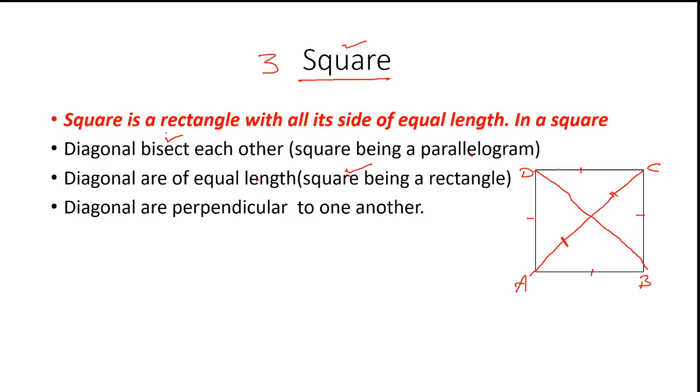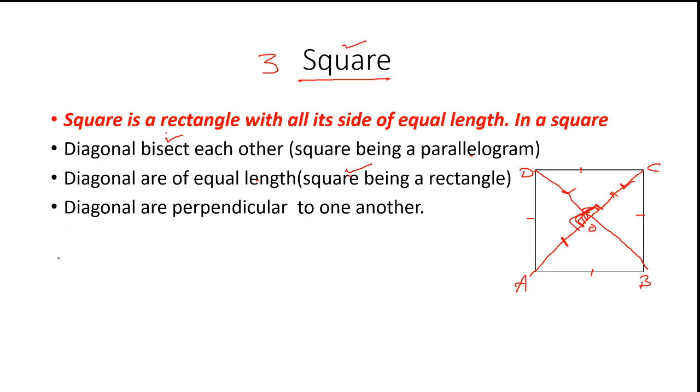A square is also a rectangle with all its sides equal, so the diagonals are of equal length. Now we want to prove that these diagonals are perpendicular.